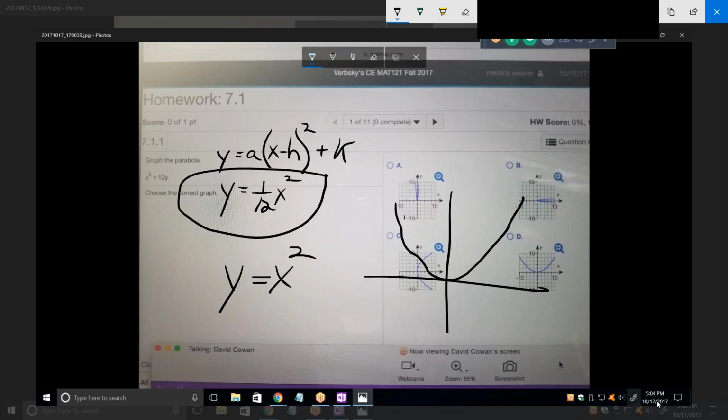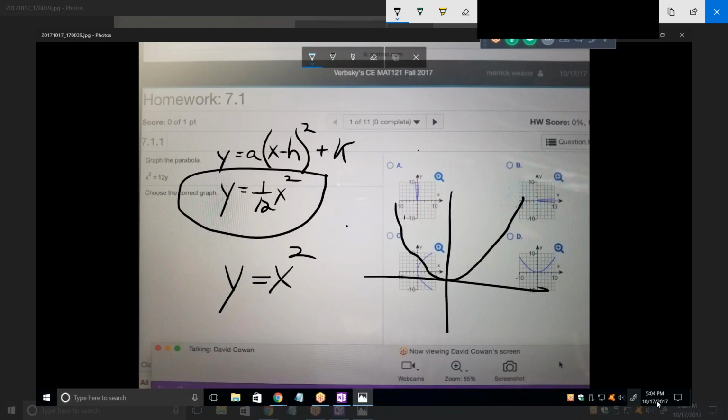Now, the fact that it is preceded by a 1/12, what are the implications of that? That's what a is, 1/12. What does that do to the parabola? Does it make it flatter or does it make it skinnier? Skinnier. No, wait, it'd make it flatter because it would be 1/12. Exactly.